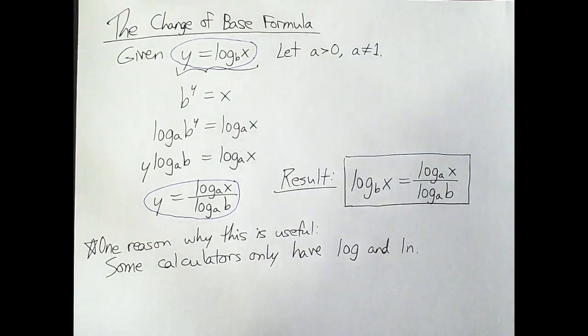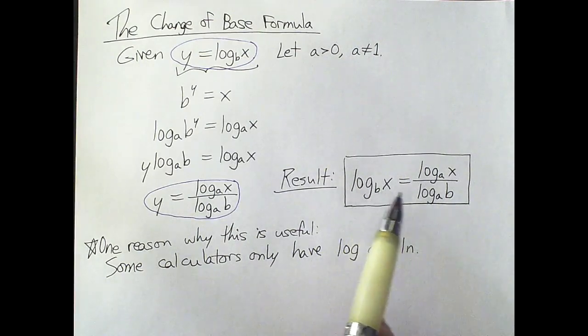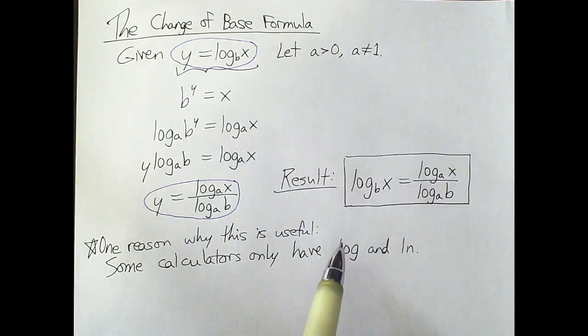You know, like if you have a scientific calculator or a basic calculator, it might have buttons for log and ln. And maybe you have some expression that's like log of base 3 or log of base 4, and you're looking at your calculator like, how do I do something with base 3 or base 4? Well, one thing you could do is you could use the change of base formula to turn it into one of these more convenient bases.